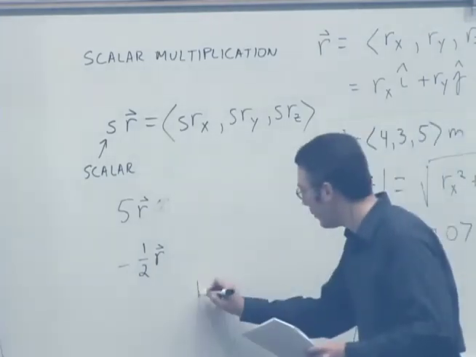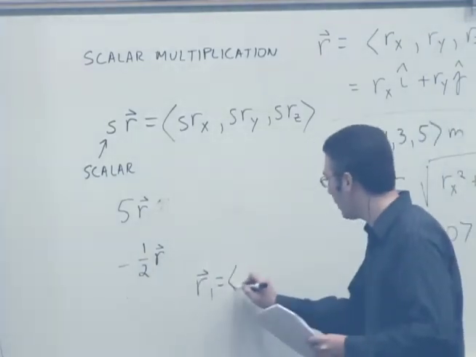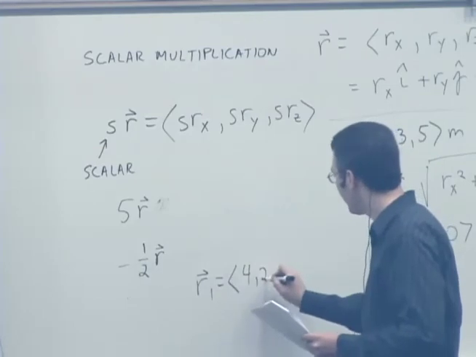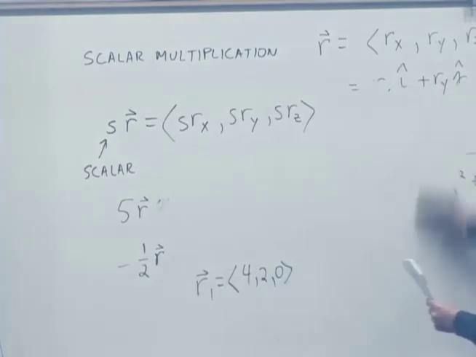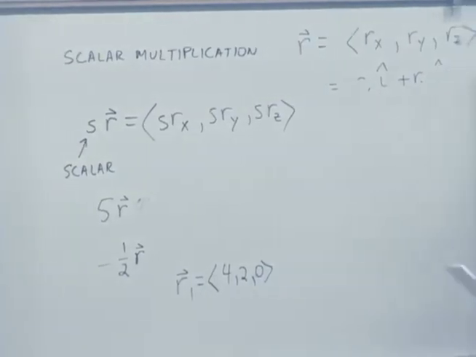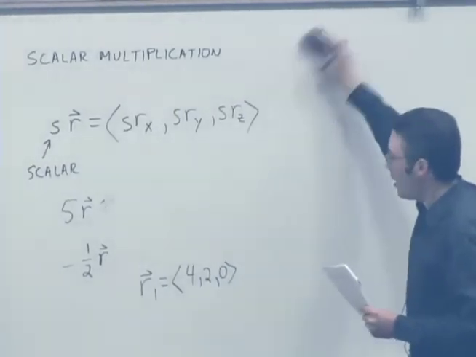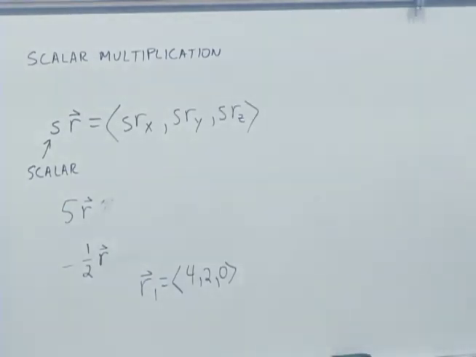So just as an example, if you have, say, r1 is equal to, again, 4, 2, 0. If we wanted a new vector that was in the opposite direction and 1/4 as large as r1, I would multiply by negative 1/4, right?